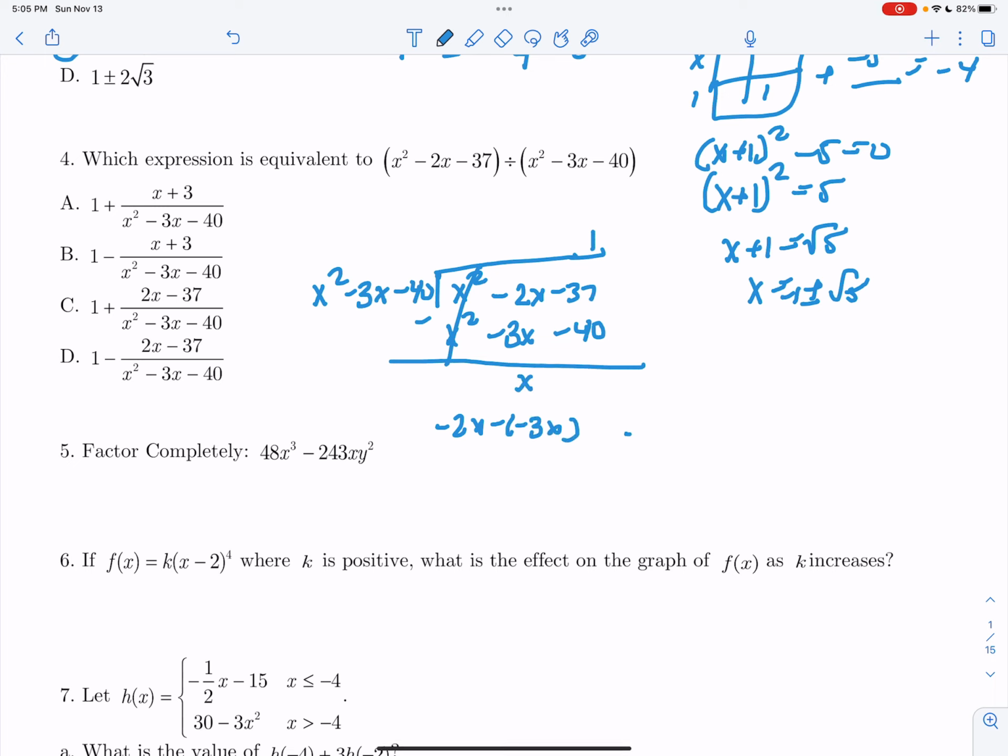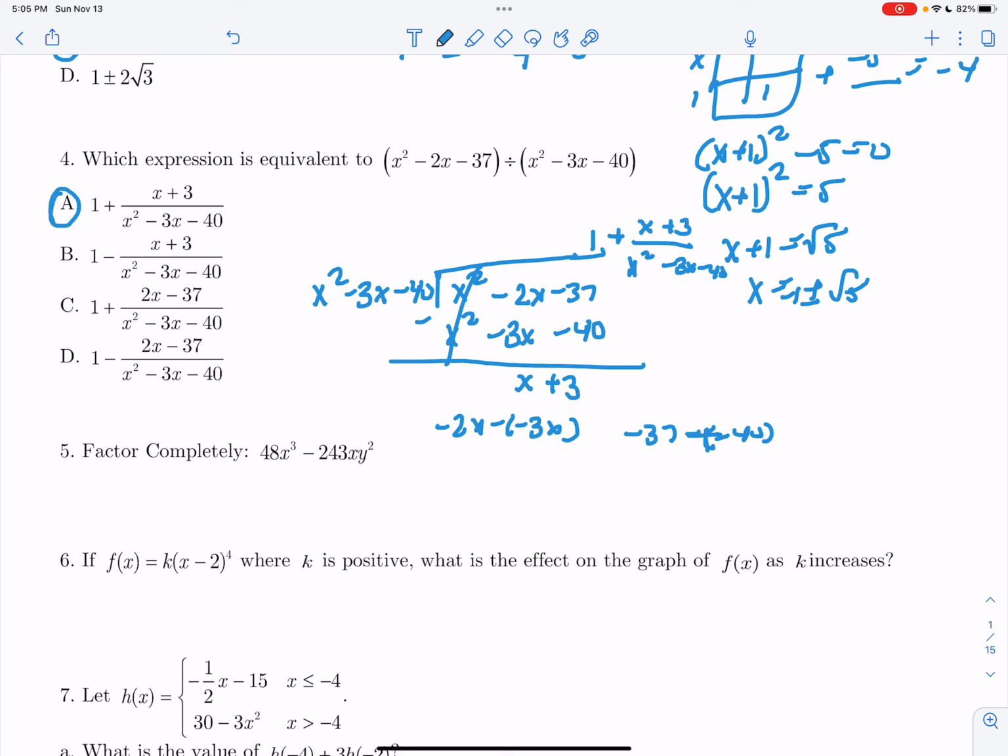And then -37 minus -40 is a positive 3. So you have 1 plus x plus 3 over x squared minus 3x minus 40, which is A.